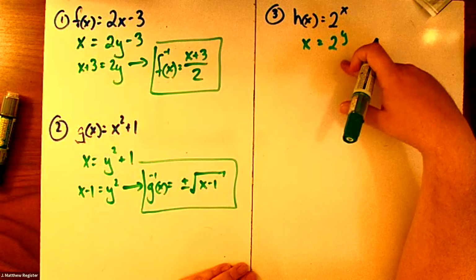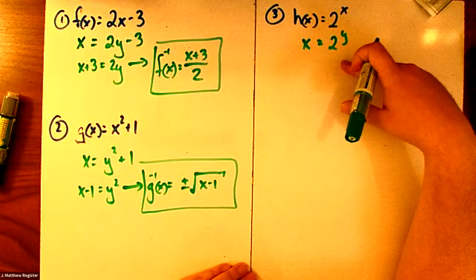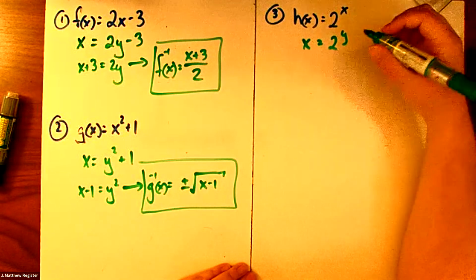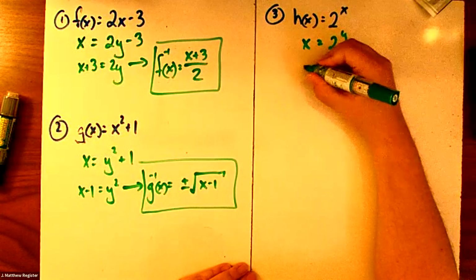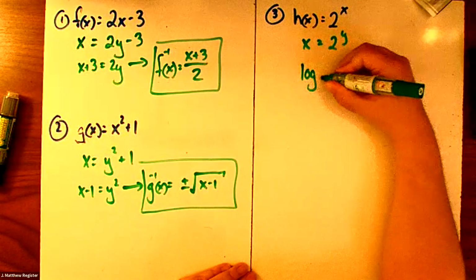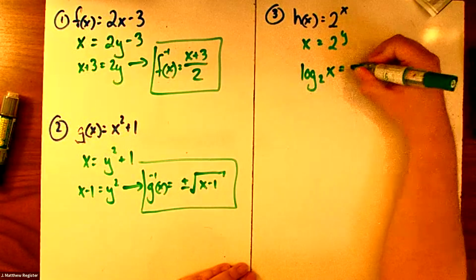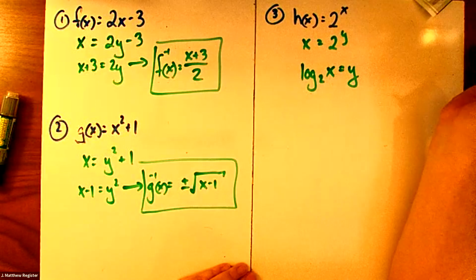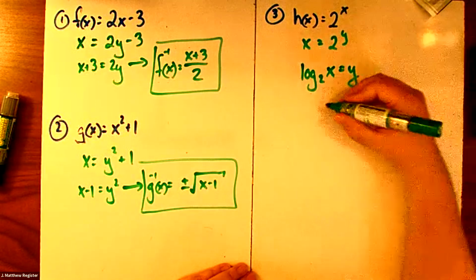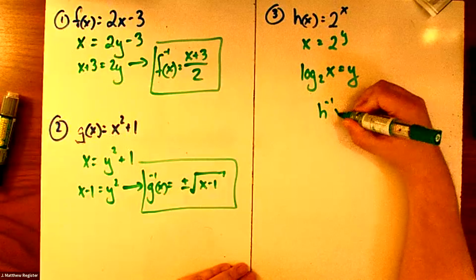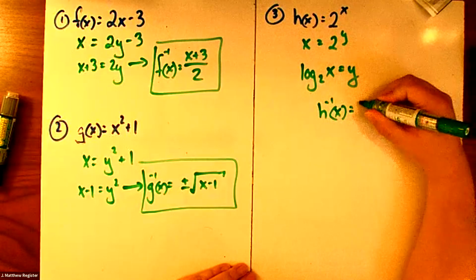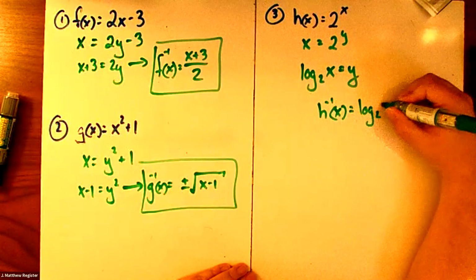If we wanted to, we could rewrite this in logarithmic form, which would give us the log base 2 of x equals y. And so that tells us that our inverse function is the log base 2 of x.